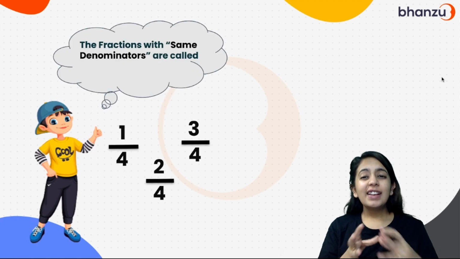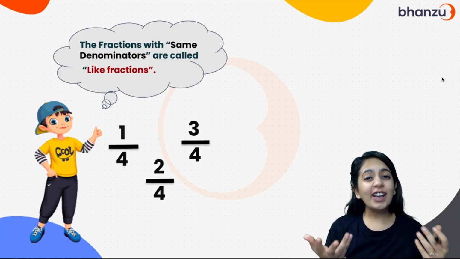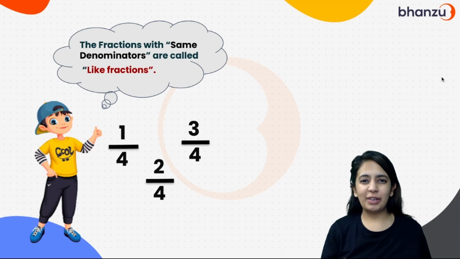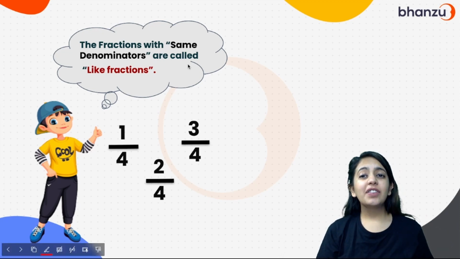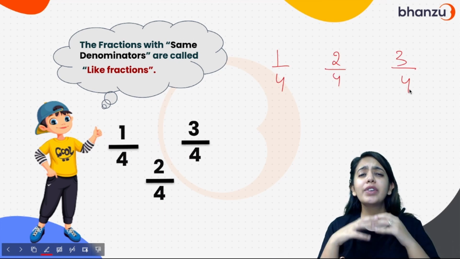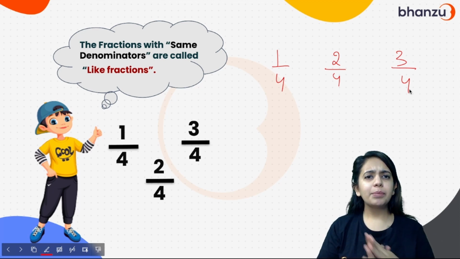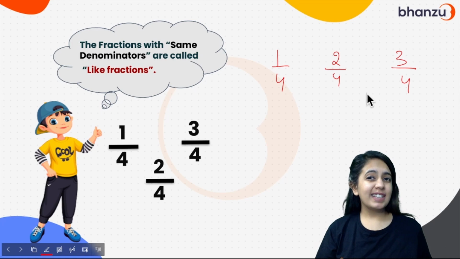So do you know? Such fractions are called like fractions. The fractions which have the same denominator. Whenever we have like fractions, for example, here it's given 1/4, 2/4 and 3/4, it becomes very easy for us to compare the fractions. Here the denominators are the same, right?